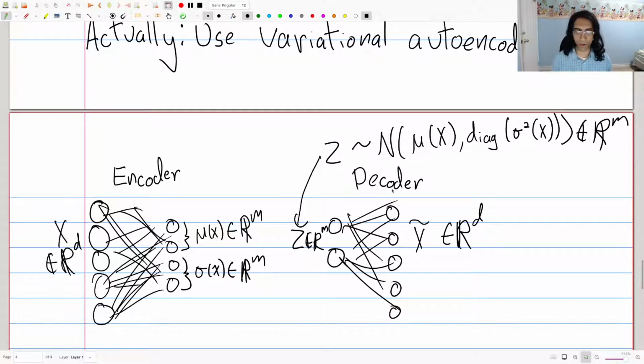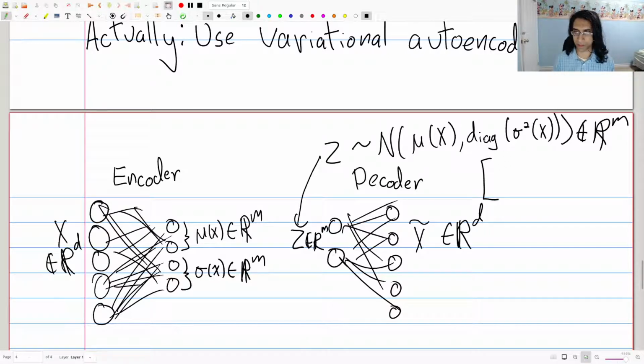So now, what do we mean by this? What is going on here? Well, again, we take this m-dimensional vector and we treat it as the mean. And this other m-dimensional vector, we are going to square it entry-wise in order to make it a set of variances. And then we're going to put it as diagonals in this covariance matrix.